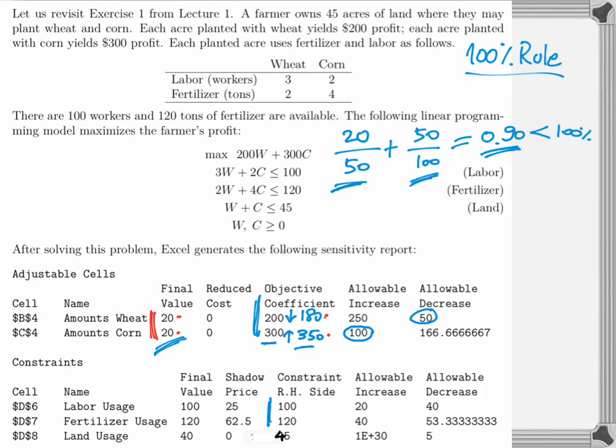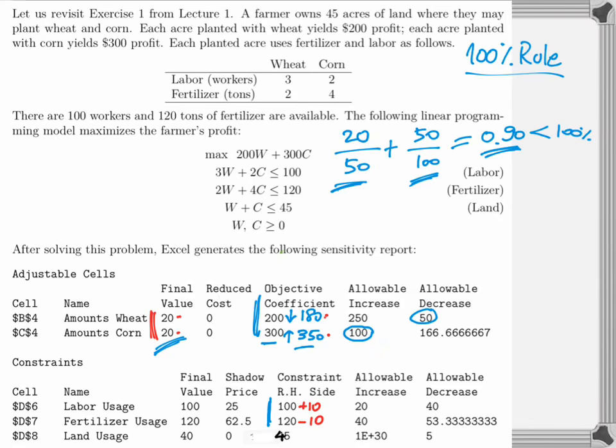You could have done this at the bottom too. For example, say I'm going to get 10 more workers, so I'm adding 10 workers here, and I'm going to lose 10 tons of fertilizer. Let's see.